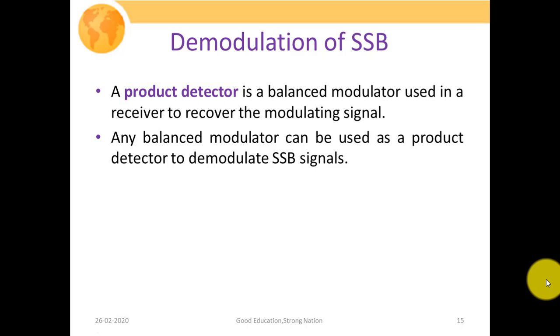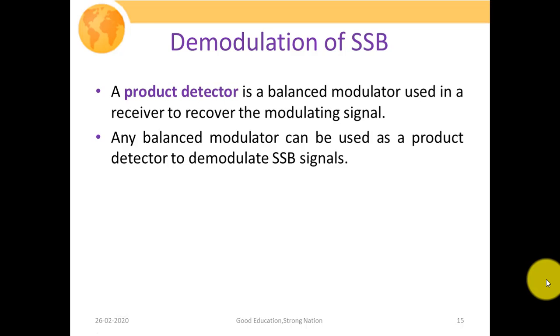Now we will discuss how we detect or demodulate our SSB-SC signal. We can demodulate an SSB signal via a simple product detector and passing it through a low pass filter. A product detector is a balanced modulator or detector that is used to recover the message signal. So any balanced modulator can be used as a product detector to demodulate the SSB-SC signal.